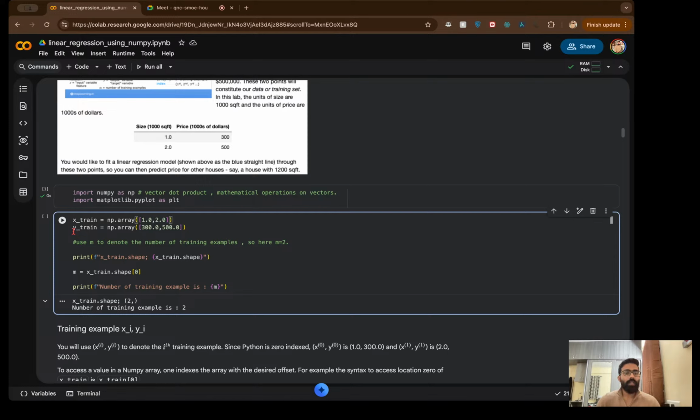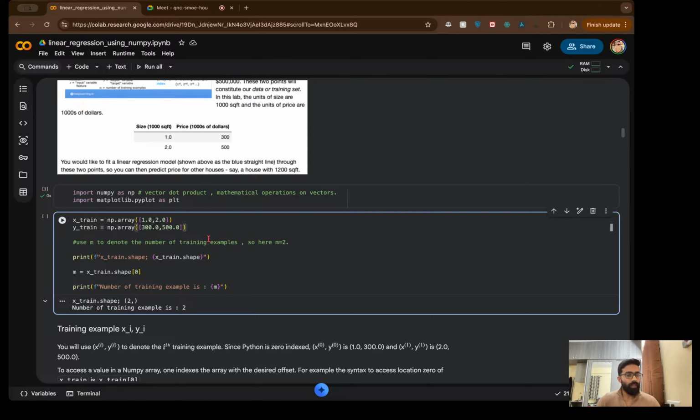Also we are creating the ytrain variable. We are creating another array which represents the price of the data point, which is 300 and 500. These are corresponding to the value of the xtrain.